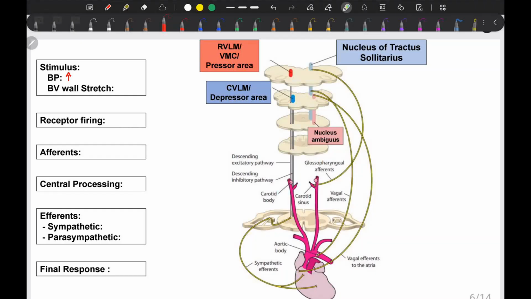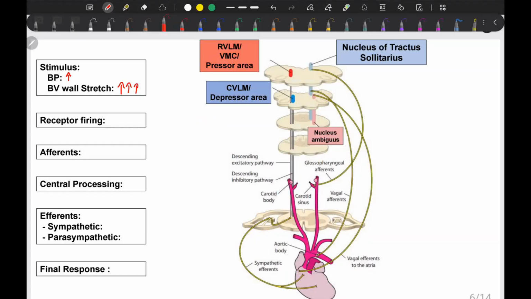Because of the high blood pressure, all my blood vessels are stretching more, so there will be increased stretch in the blood vessel wall. Now what will happen to the baroreceptor firing? We know that baroreceptors are mechanoreceptors. So as my blood vessel is stretching more and more, what will happen to the baroreceptors present in the wall of the blood vessel? They will fire more.